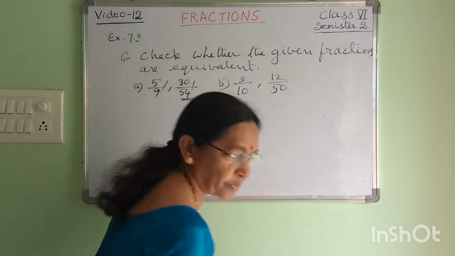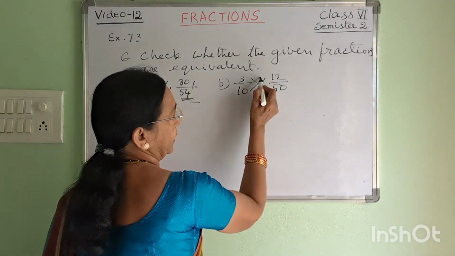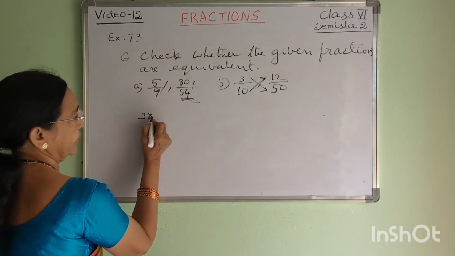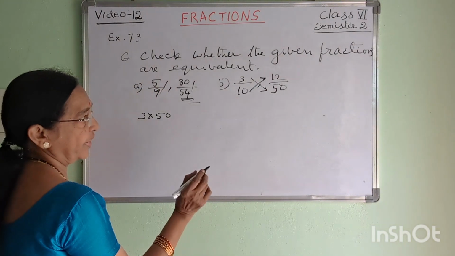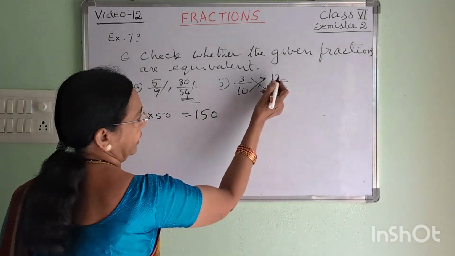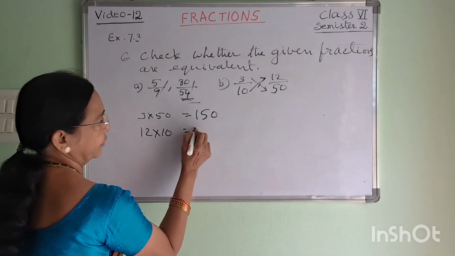So the easiest method we will do first, taking cross multiplications. That is 3 into 50 is equal to, we will find out 3 into 50. 3 5s are 15, so 150. Next 12 into 10, 120.